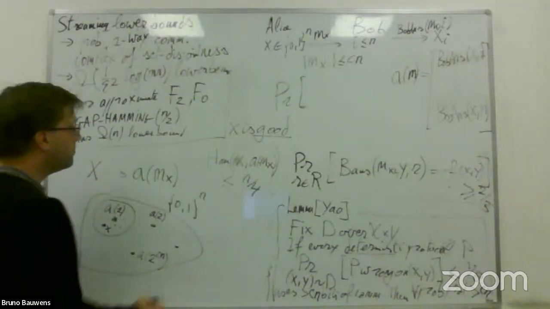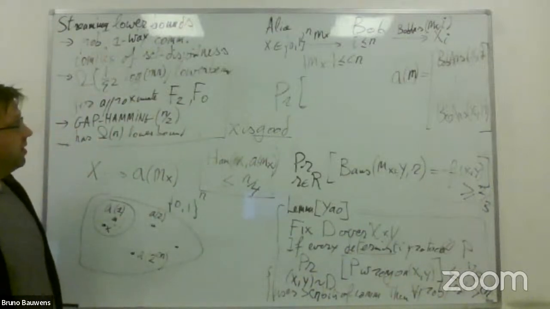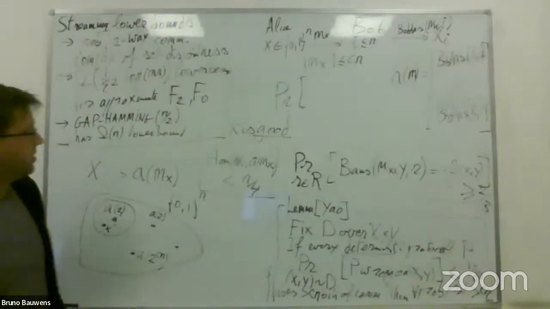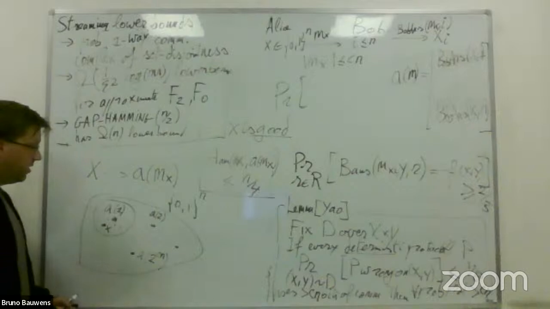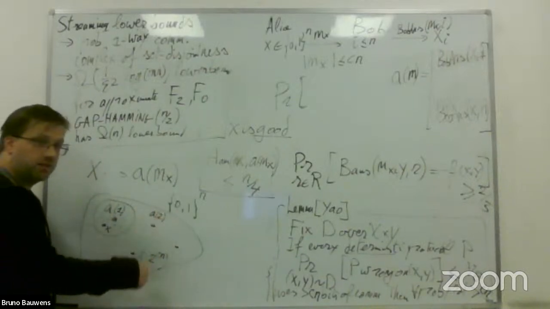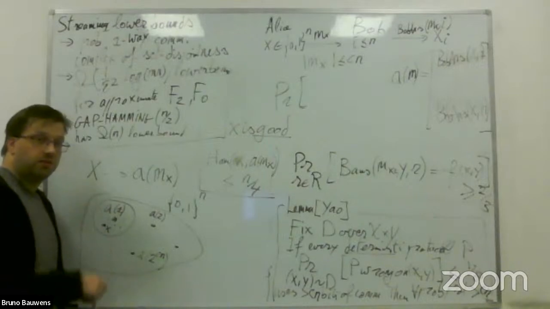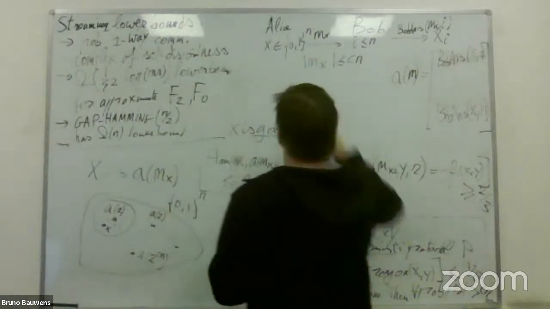Okay. Now I will prove that at most half of the strings X are good. How will I prove it? I will sum up the sizes of all Hamming balls, and I will say that it's less than half of all the strings. So here, let me write it.